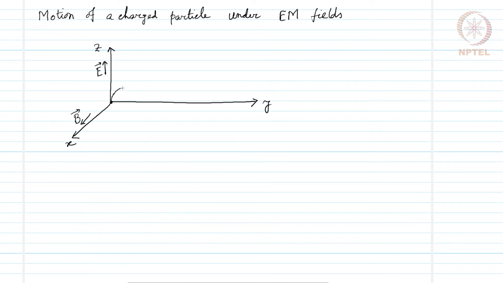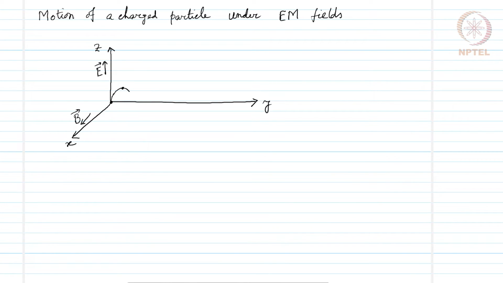Now, the velocity of the particle at this point is along the y direction, and when that happens, we will have a magnetic force on the particle that is y cross x, that is the minus z direction.